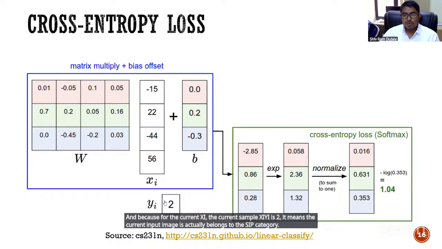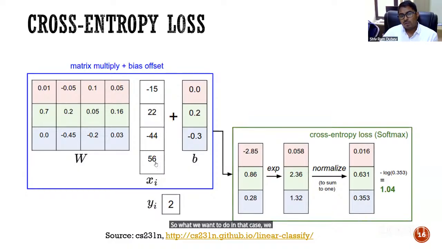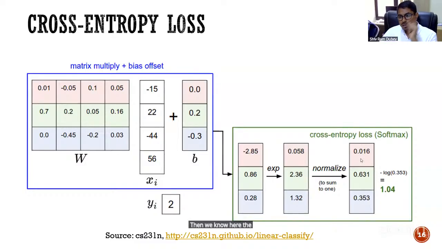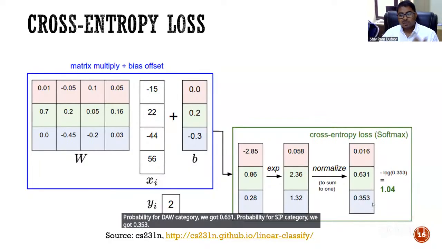So what we want to do in that case is find out, for the SIP category, what probability we are getting. The probability for the cat category is 0.016, for the dog category 0.631, and for the SIP category 0.353.